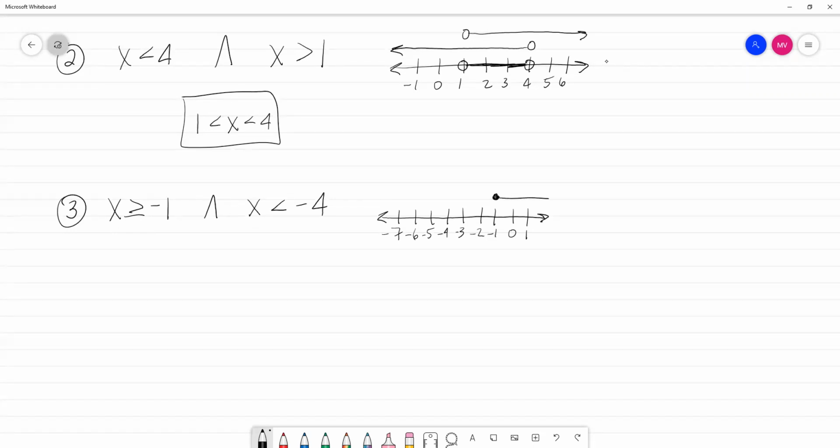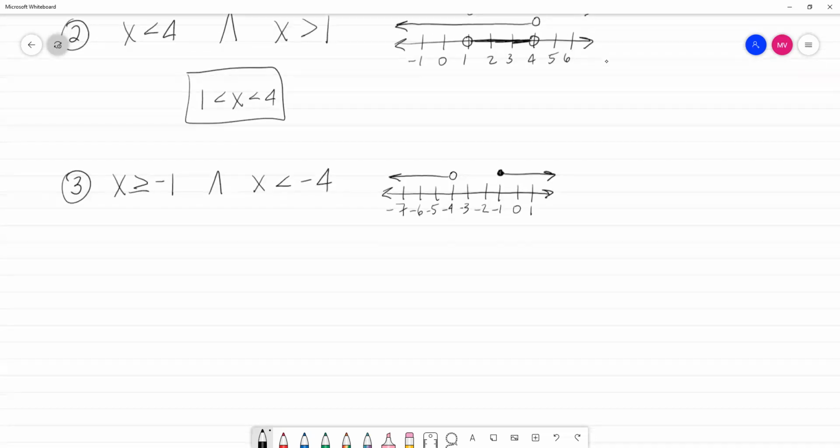So x is greater than or equal to -1. And then how do we write x is less than -4? Right. So do they have anything in common? So what symbol do we use to show that they have no values in common?